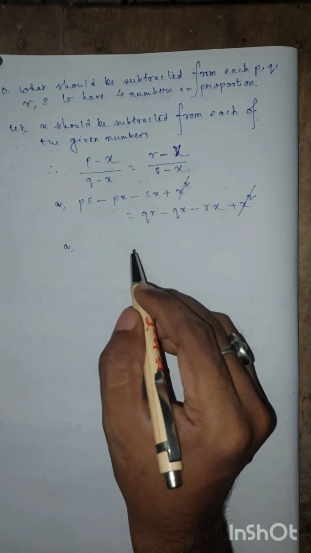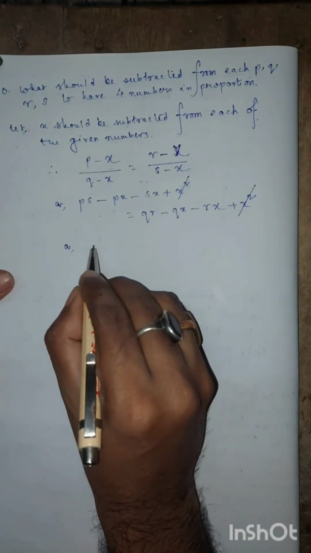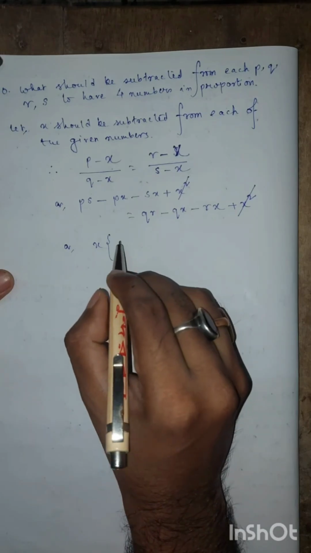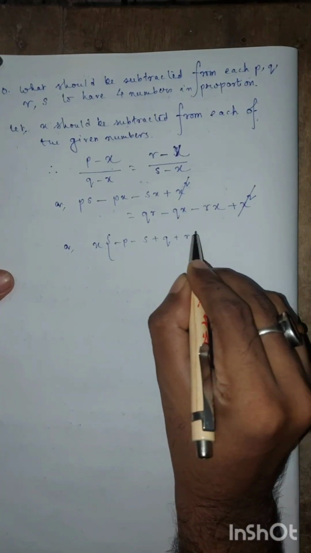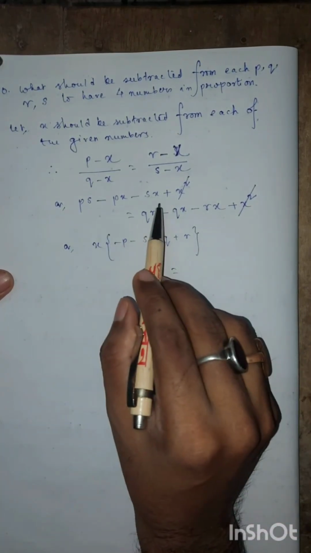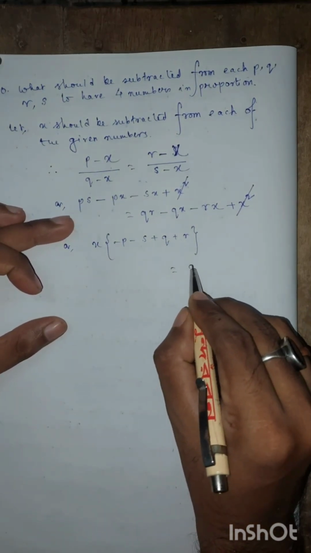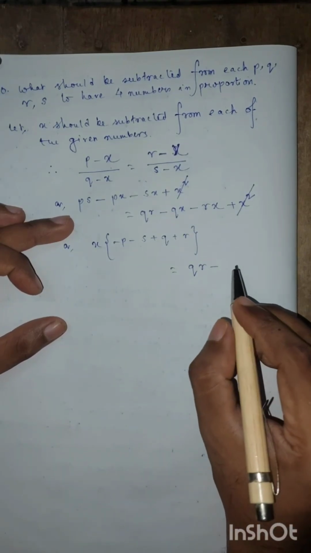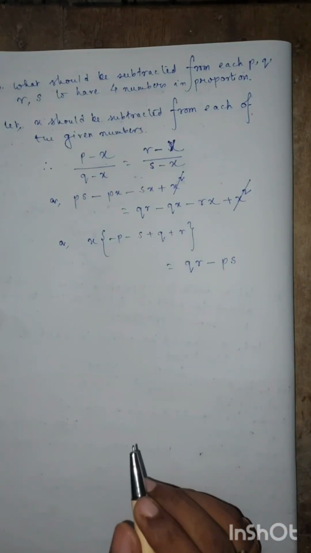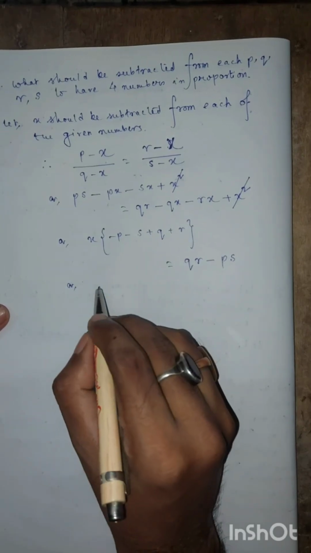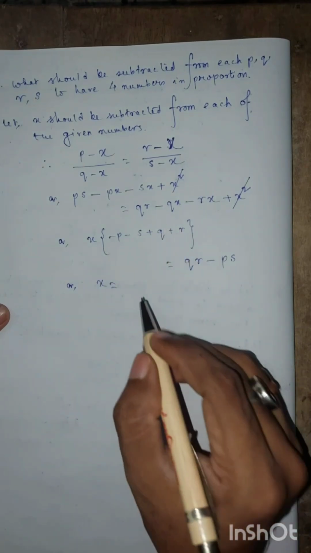Taking the terms containing x to the same side, we can write, and taking the constants to the right side, now we can transfer this term to the right side.